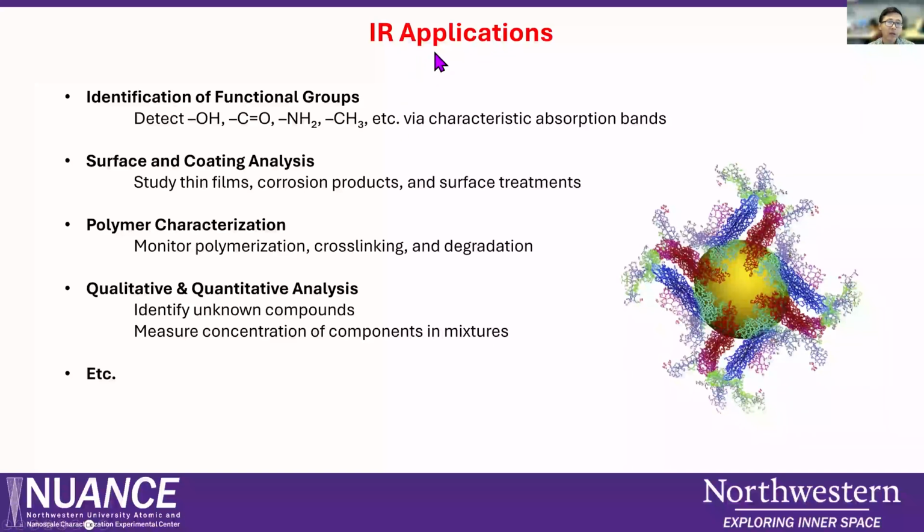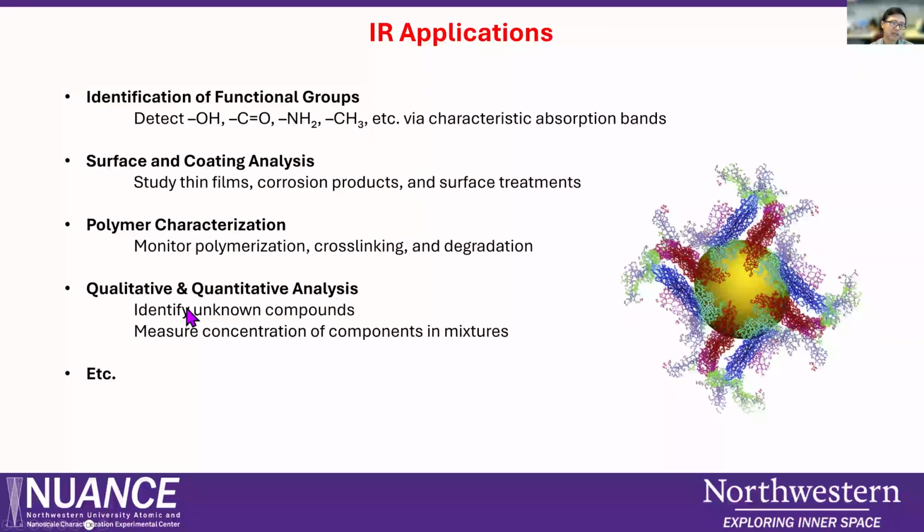What can IR do? An application is, for example, a gold particle attached to a protein, a polymer, or these chemical groups. Using IR, we can identify a functional group, and if a group is attached on the surface, we can detect it. If we do a surface coating, they can do surface analysis, and they can see the thin film, the corrosion, and the surface treatment.